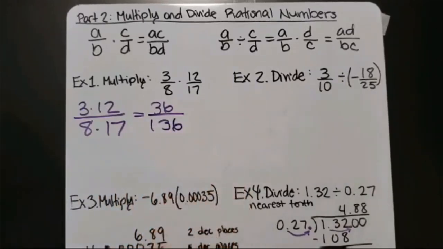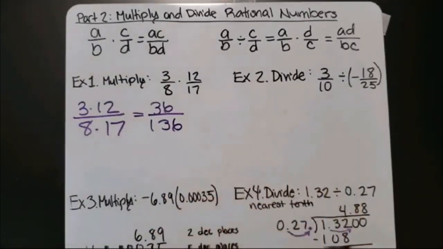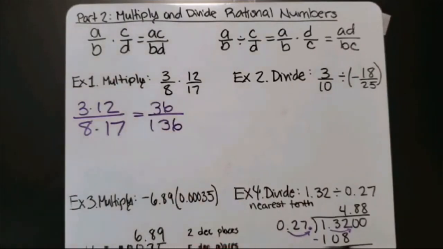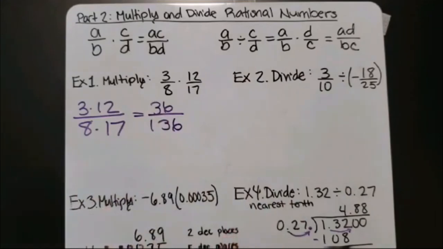Now we have to look, because with our fractions, we don't have our final answer if it's not fully reduced. So now we need to look at this fraction and see what common multiples and even the greatest common multiple that we can take out of the top and the bottom.